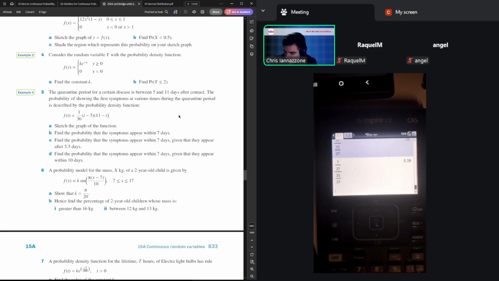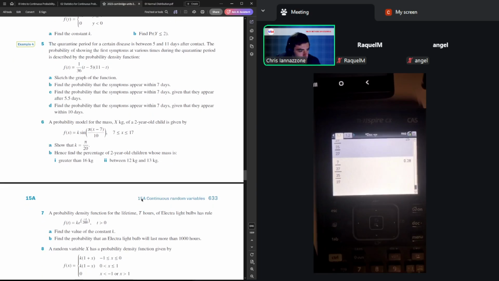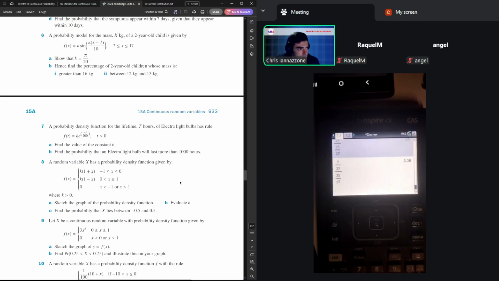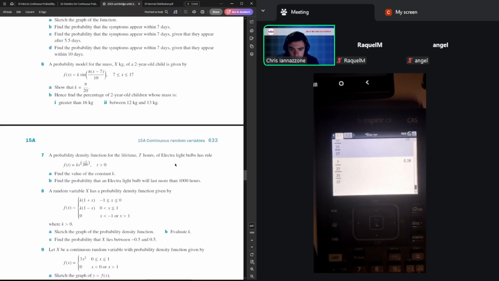That's conditional probability. There's not too much more new in the questions, unless maybe I'll take a scroll through and see if there's anything new here. For the rest of them I'll talk high level until we see something new. Question 6, probability thing. It's got a k in it.